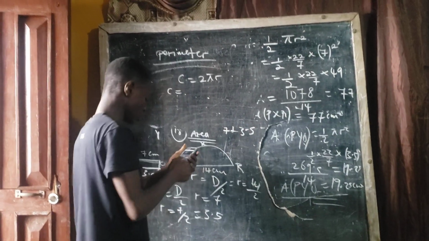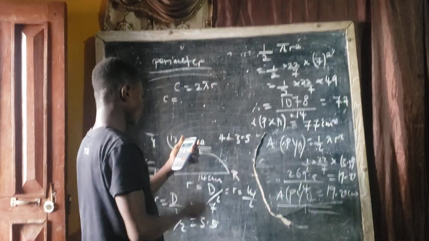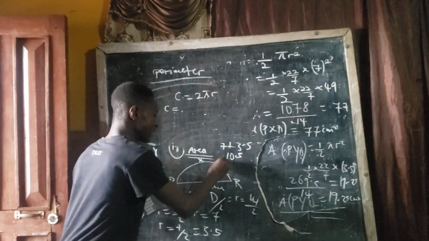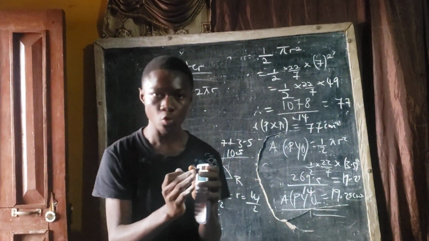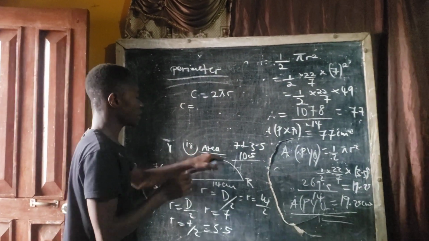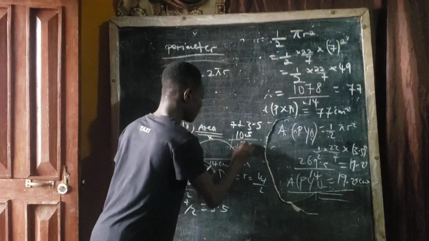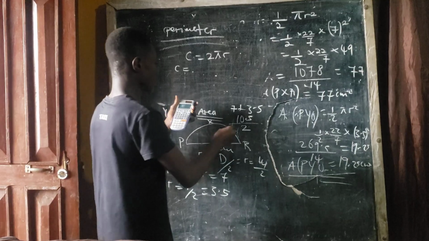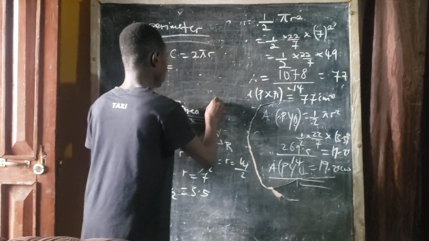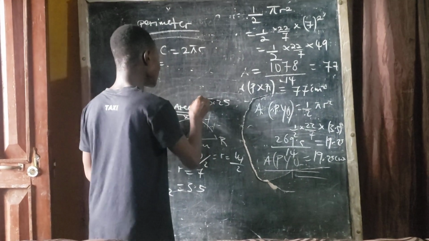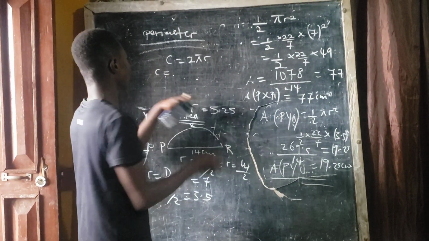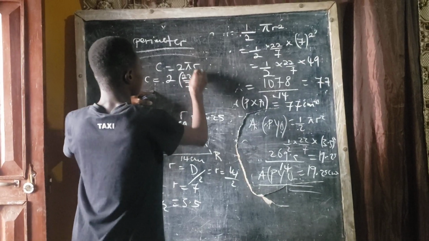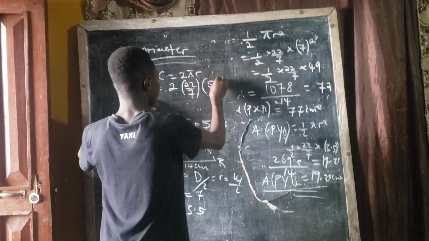So if you add them, 7 plus 3.5 is 10.5. This is the diameter of the whole circle. To find the radius, I divide 10.5 by 2, which is 5.25. So the radius for the whole circle is 5.25. So we have 2 multiplied by 22 over 7 multiplied by 5.25.